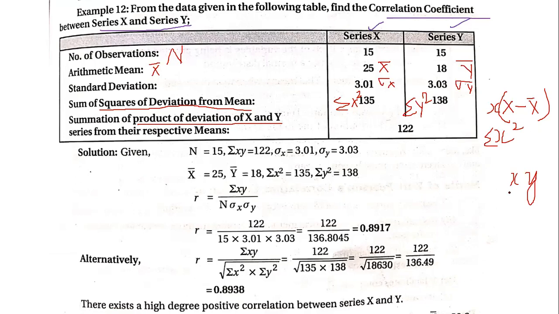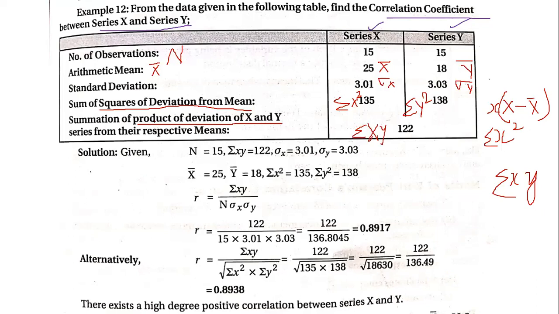Suppose we multiply x and y, that is the product of deviations. Now the summation of the product of deviations will be sigma xy. So this 122 given to us is sigma xy.